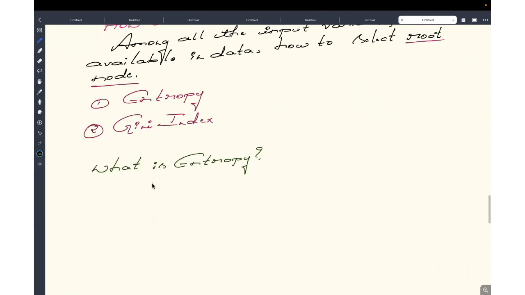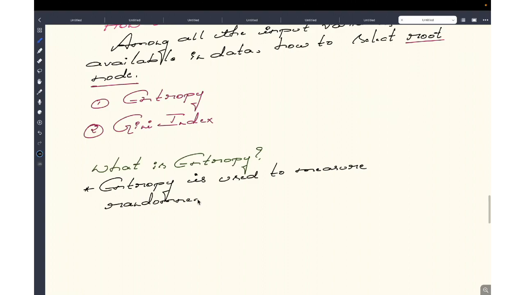Entropy is basically used to measure randomness or uncertainty in data.